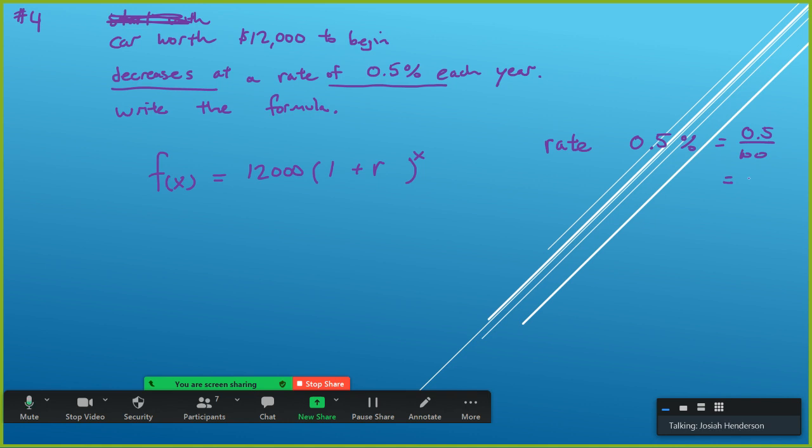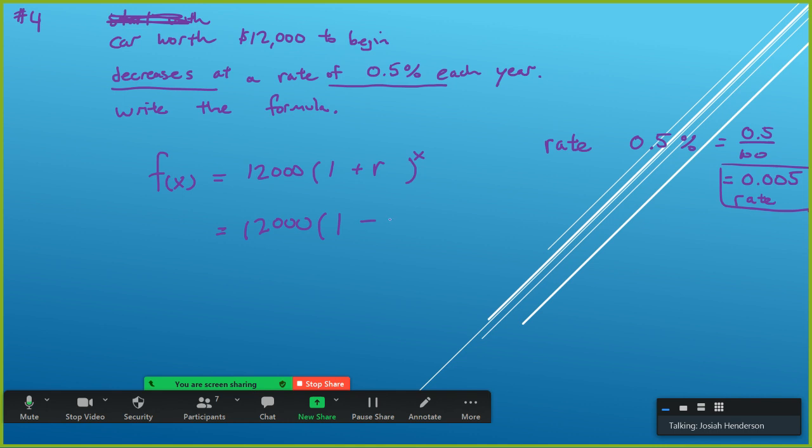So as a decimal, this is 0.005. So this is my actual rate. And because it's decreasing, we know that decreasing rates are negative. So we're going to put this into our formula.